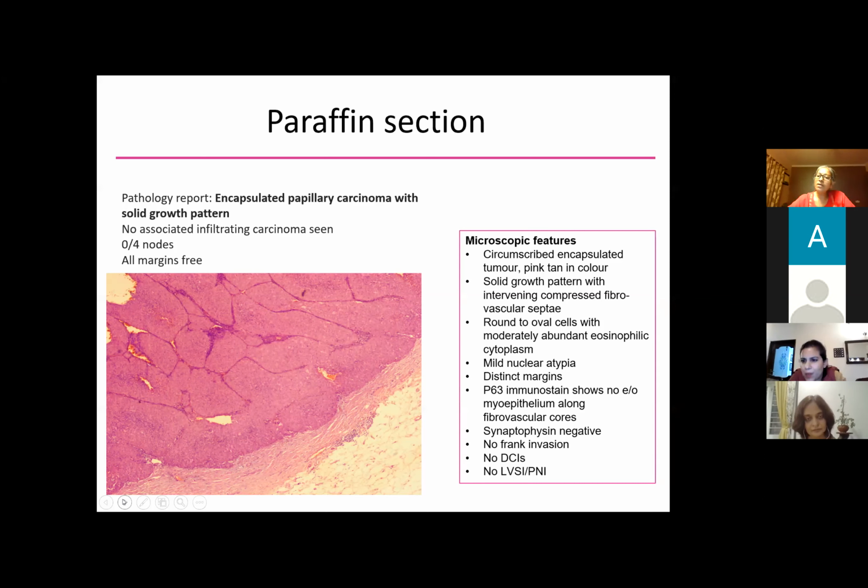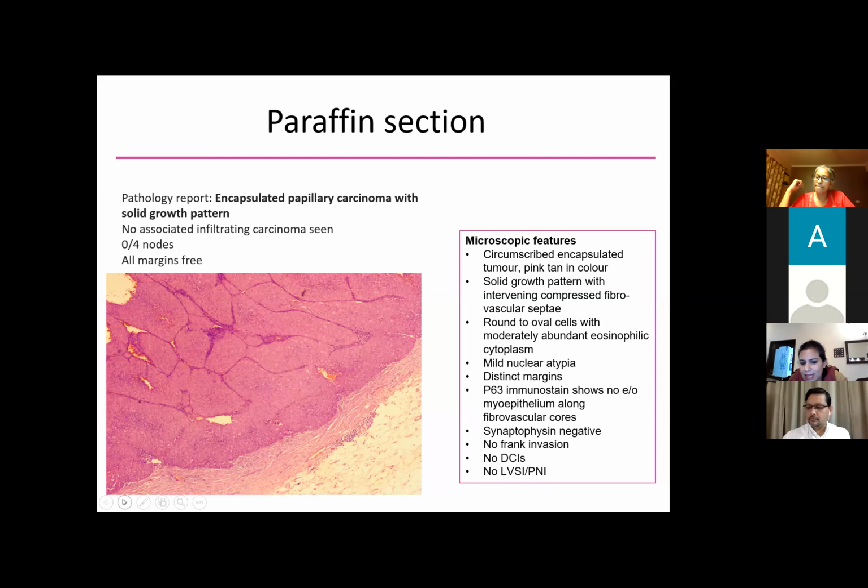So what is important in these lesions is, besides getting this encapsulated papillary carcinoma, there should be a thorough grossing along the adjacent areas to this tumor, so that we are not missing any invasive component. Like here in the radiology, they were saying that there were multiple lesions. So one should be careful that all those lesions have been sampled carefully, because if we get a diagnosis of only an encapsulated carcinoma, we label it as pTis, that is an in situ lesion.